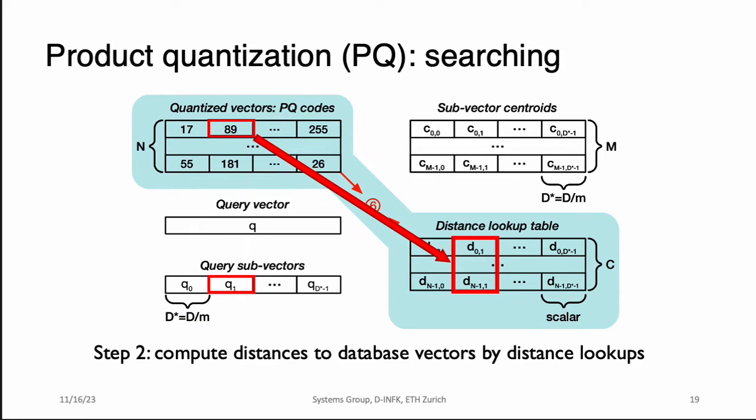We repeat this process for other dimensionalities, and essentially we will have m looked up distances for each product quantization vector. We add up those 16 distances, and now we have the distance between the query vector and the quantized database vectors. And because we scan many of those database vectors during the search, the distance lookup table will be reused many times, and the computational efficiency is greatly improved here.